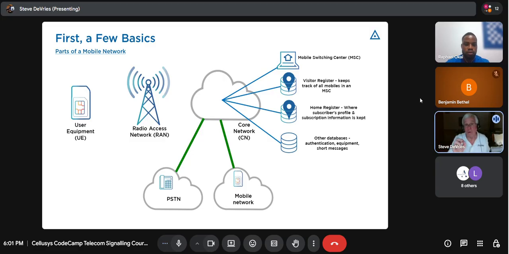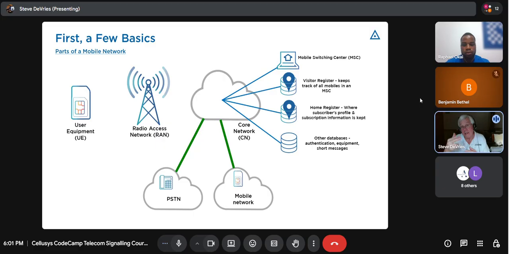But inside the mobile network, in order to make it mobile, so that you can move around, you need certain databases, you need certain pieces of equipment. One is the mobile switch. And the mobile switch is interpreting the digits you place in, it's keeping track of you. It just knows everything about you that it needs to keep you mobile.